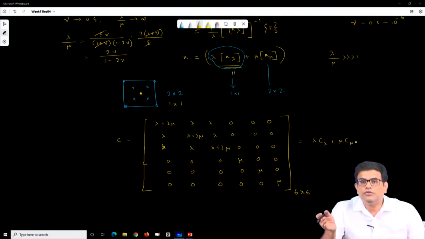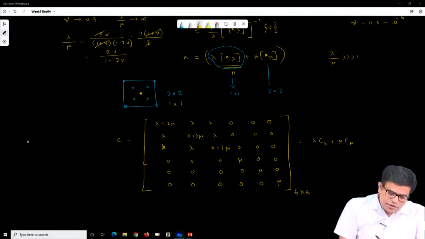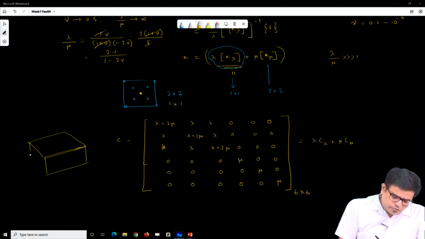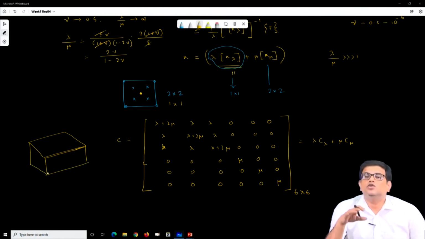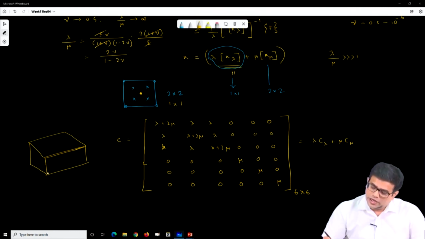This can also be used for the 8-noded hexahedral element. For instance, if I use the 8-noded hexahedral element, here the same thing applies, that is the 2 cross 2 cross 2 rule. So, my stiffness matrix for the hexahedral element K I can write as lambda K lambda plus mu K mu.